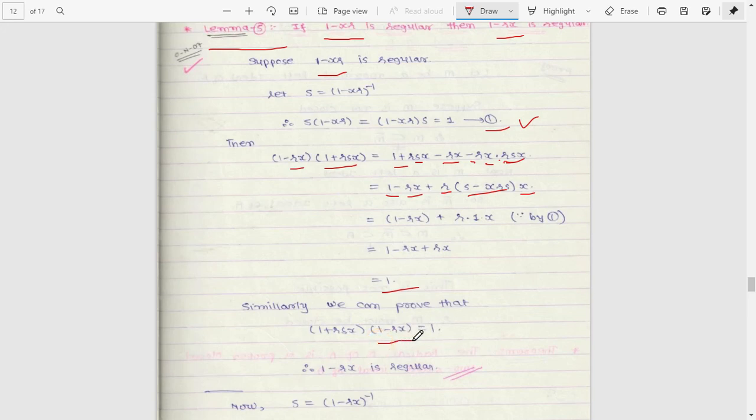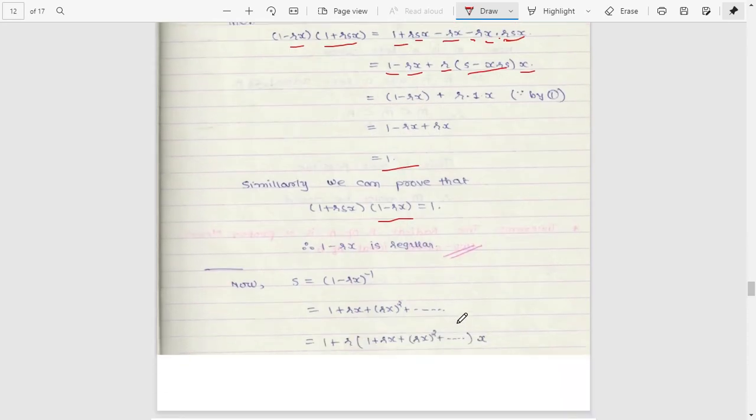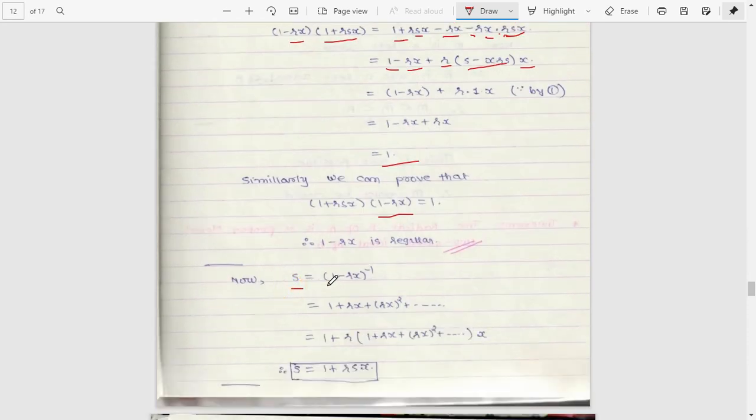So 1 minus Rx is regular, and now S is equal to, we take (1 minus Rx) inverse is equal to 1 plus Rx plus Rx square plus up to infinite, and this is equal to 1 plus Rx common out, 1 plus Rx square plus up to infinite.